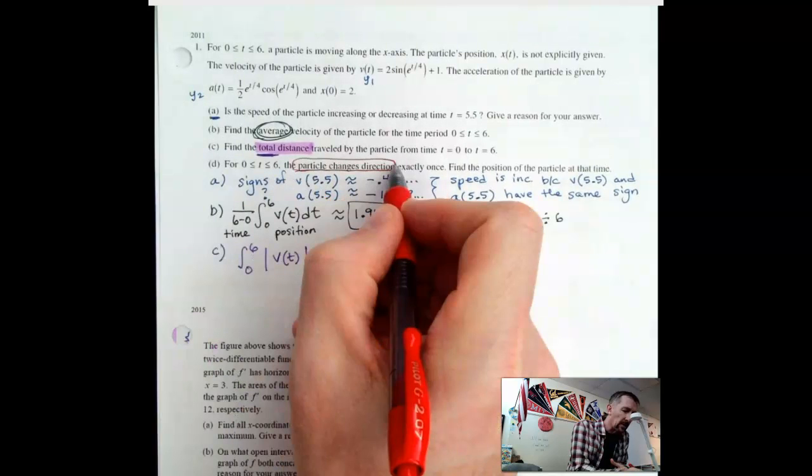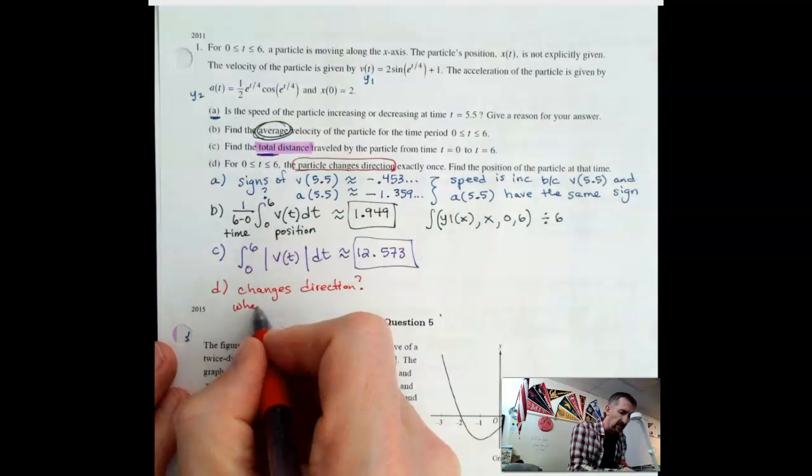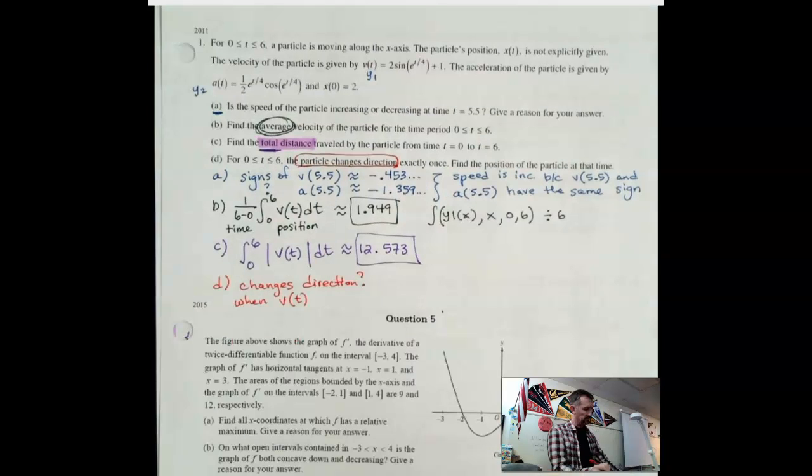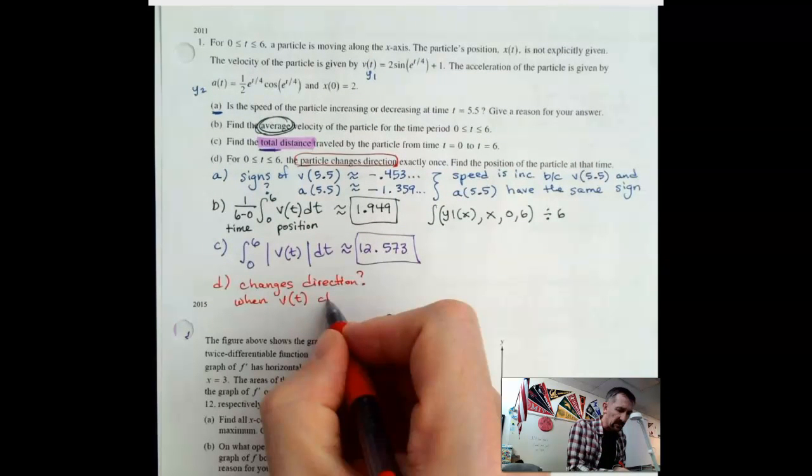Well, the particle changes direction when the velocity changes signs.